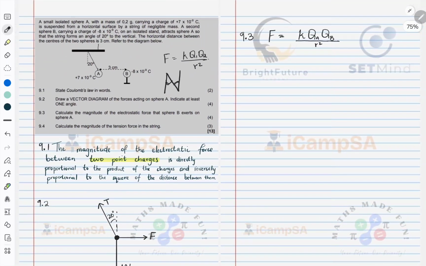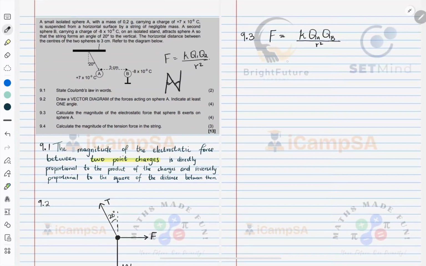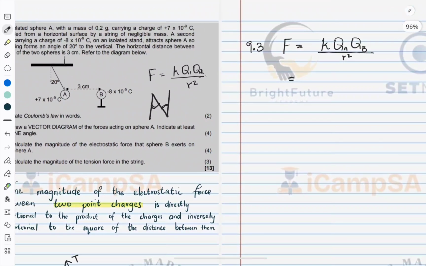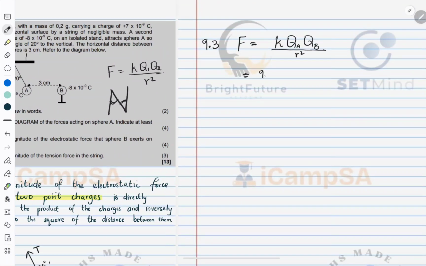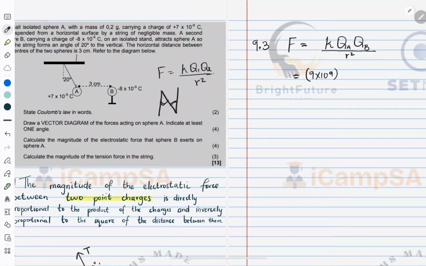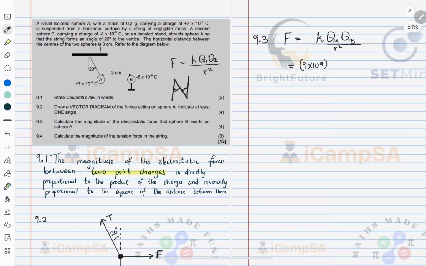Now we substitute the values. For K, we have 9 times 10 to the power 9.